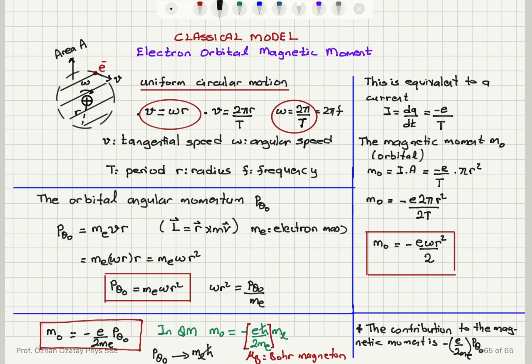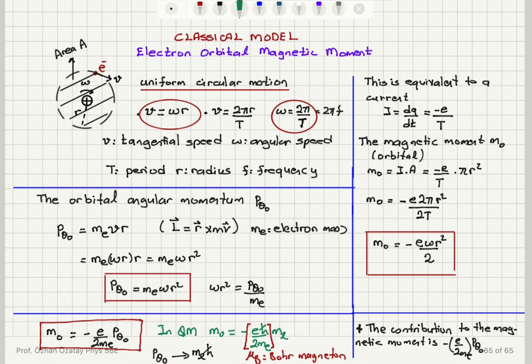In quantum mechanics, the orbital angular momentum is replaced with the orbital magnetic quantum number m sub L times h bar. So minus E h bar over 2 me times m sub L is the contribution, and E h bar over 2 me, where me is the mass of the electron, is called a Bohr magneton.